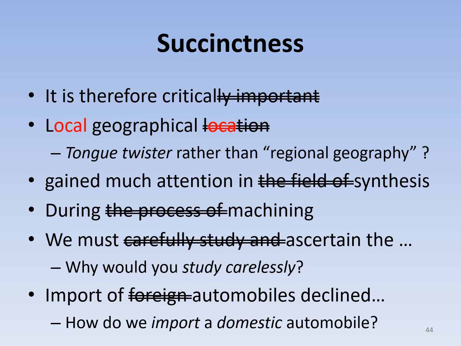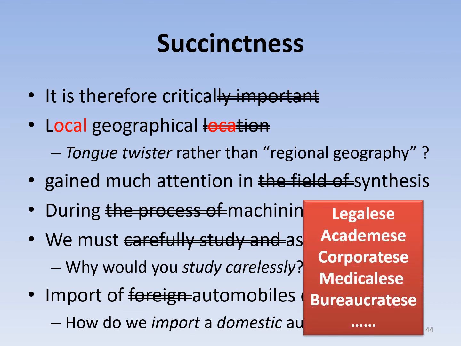And for this, it just invites questions. Why would you study carelessly, and how do you import something that is domestic? It just invites questions. And these are common problems in all this legalese or academese. We just covered that, the building was solidly, the temple endured.